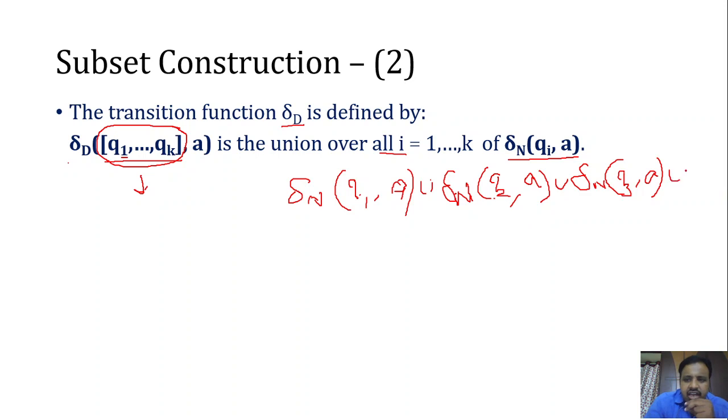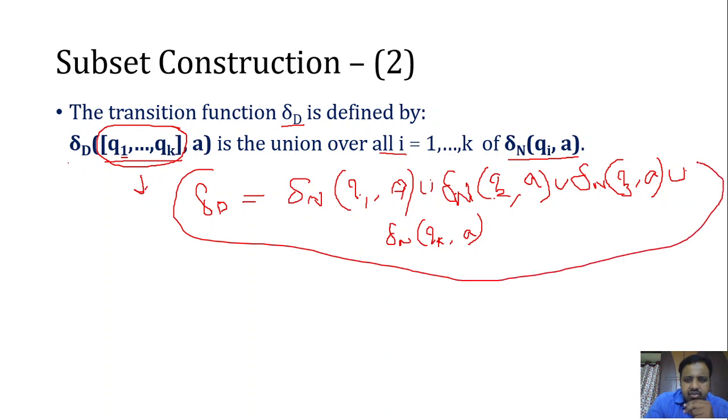At the last, how do you write? So on, delta n of qk comma a. So this will give delta d.